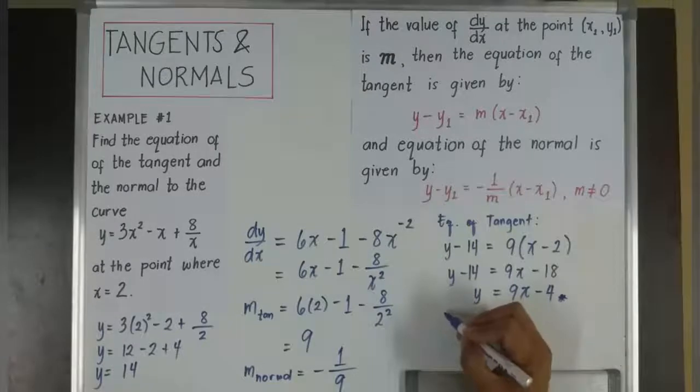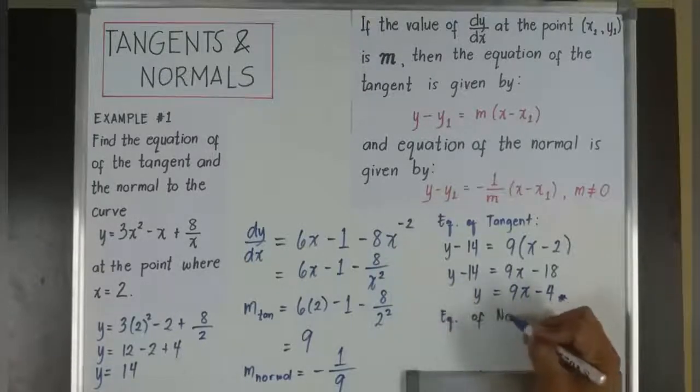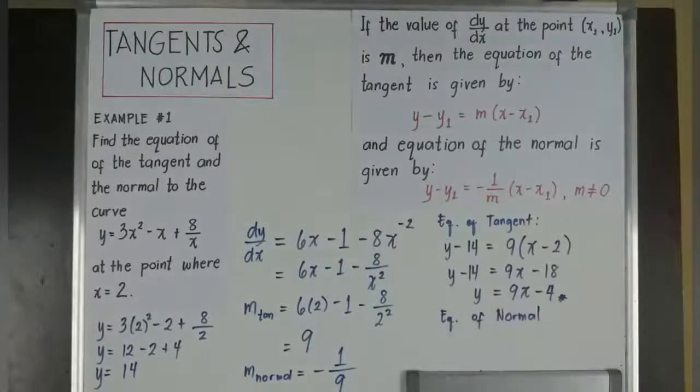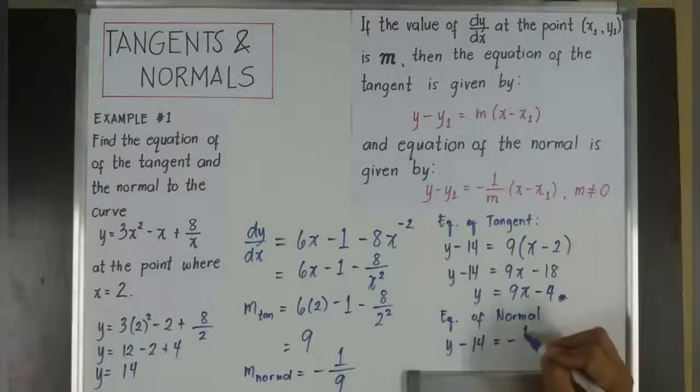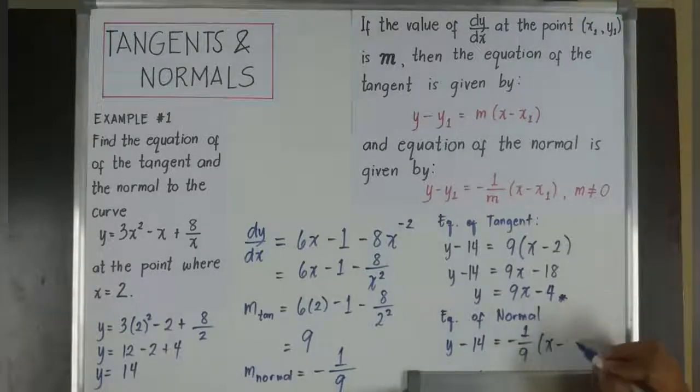How about the equation of the normal? The equation of the normal is based on the gradient negative 1 over 9, the negative reciprocal of the tangent's gradient. So y minus 14 is equal to negative 1 over 9 times x minus 2.